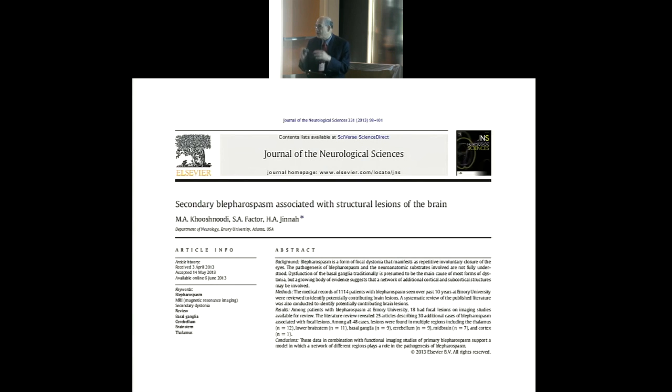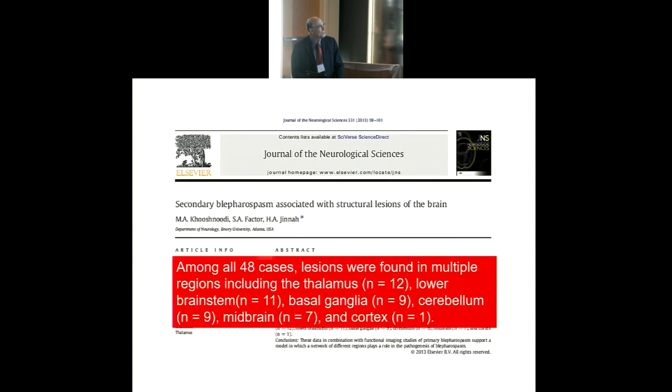And here is a study that was done by Buzz Jinnah and colleagues looking through the whole literature to see if they could find any similarity in the different cases in this regard. And basically they found 48 cases, but the lesions were all over the place. Almost in every part of the brain, they found different lesions that led to blepharospasm. So in the thalamus, in the brainstem, in the basal ganglia, in the cerebellum, in the cortex, all over.